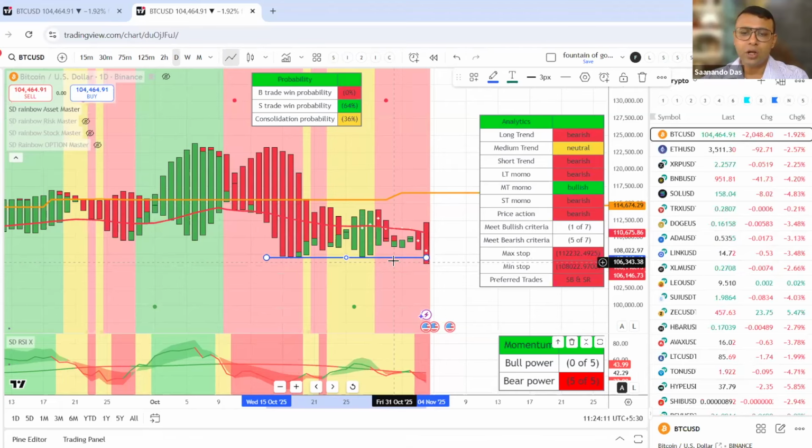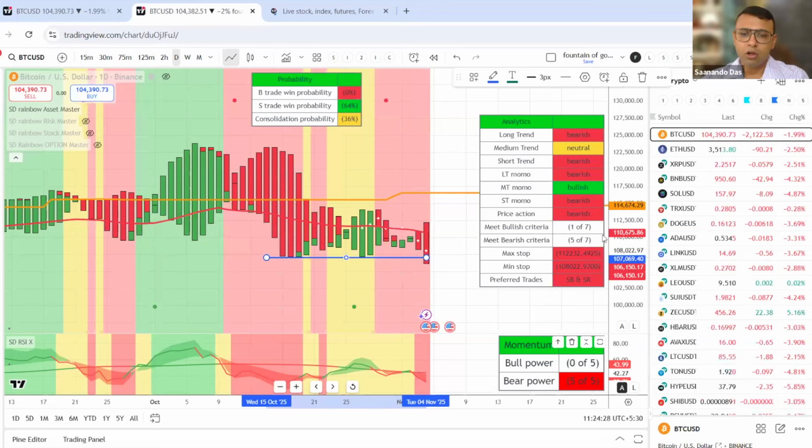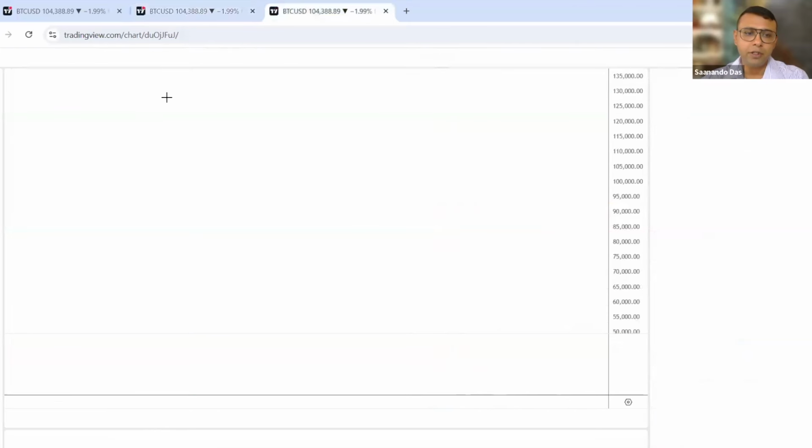So in the daily chart, I see significant bearish pressure. Here the sell trade win probability is around 64%, which I can see from my probability meter on the upper hand. Almost 10 factors in my 12 factor setup are bearish.